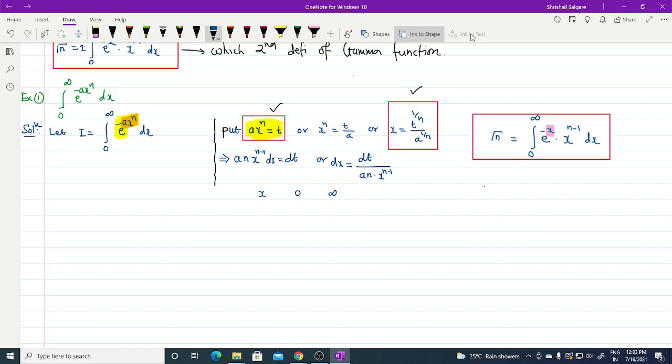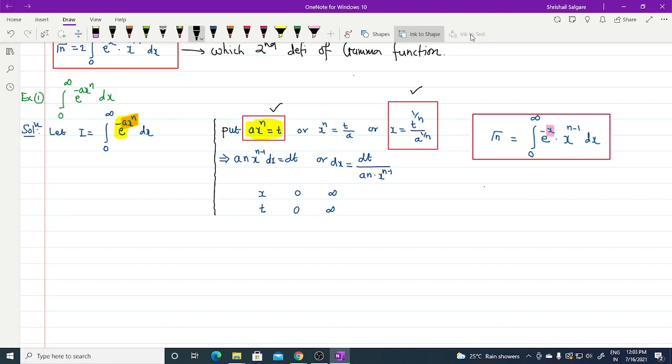Tanmay Patil, suppose if you are substituting x is equal to 0, then what is t? Yes, Tanmay, sorry, not a. If x is 0, 0 multiplied by anything is 0. If x is infinity, then t is also infinity. Okay, so these are the new limits for t.